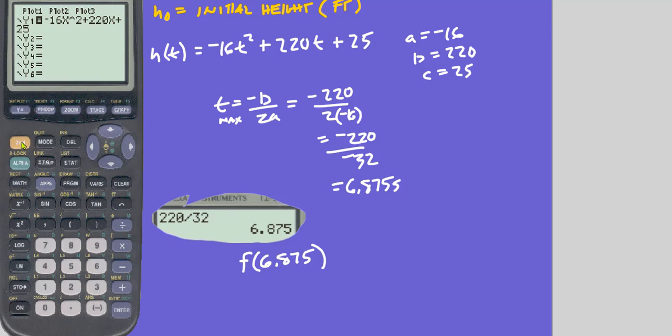Okay, then I go back to my main screen and I am going to evaluate that function, which is y sub 1 here, which is f actually, at 6.875. And I get 781.25 feet.